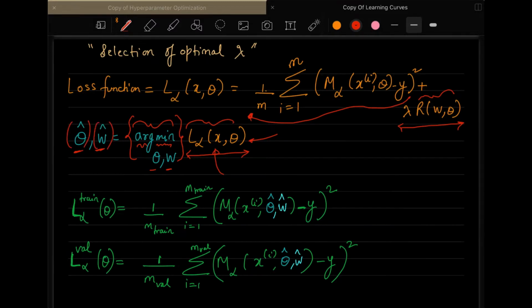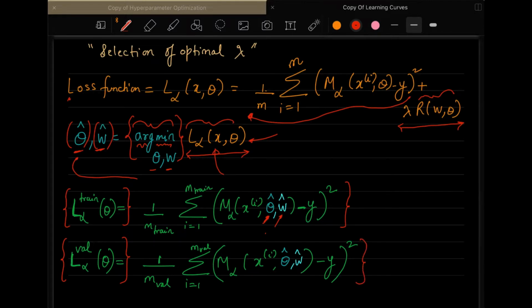Now you will again plot the training curve and the validation curve for these theta and w that you obtain here. Once you obtain theta and w from this loss function, you use them to evaluate your training loss and validation loss.